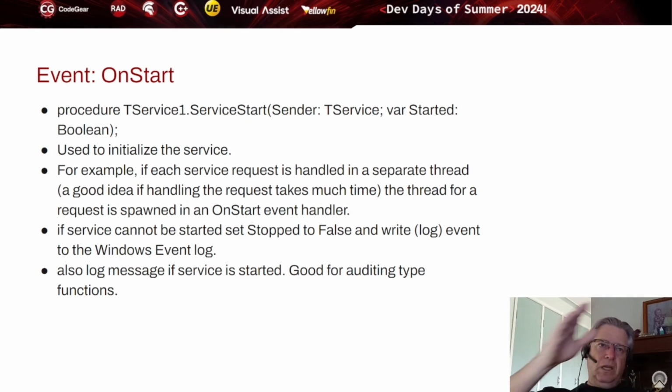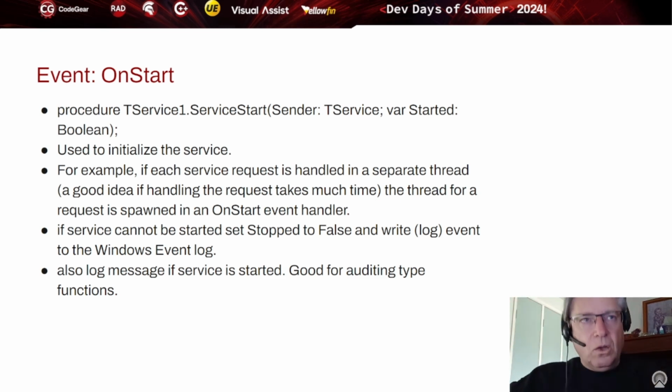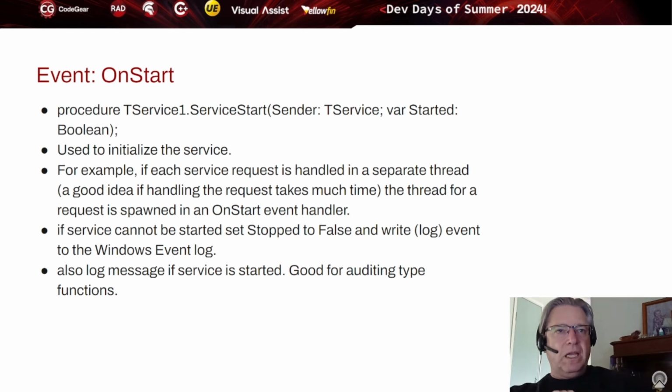At the very beginning of this presentation, I mentioned that even though we don't have a user interface to present to the user, we do need to somehow convey information to Windows, to the user, about what's happening. One way of doing this is through the Windows event log.